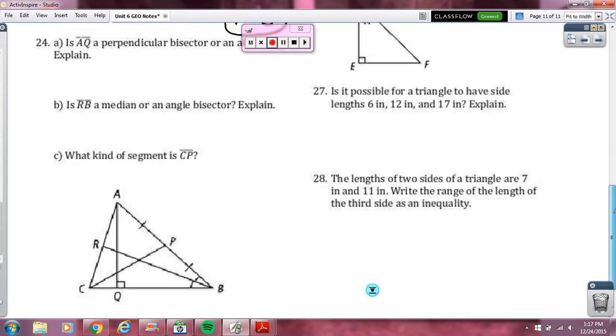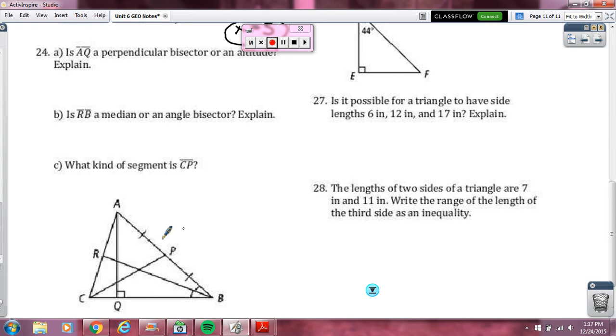Is AQ a perpendicular bisector or an altitude? Explain. It looks like an altitude to me because it's measuring the height from A down to the bottom, and bisectors have to cut stuff in half, and CQ and QB are not the same. So this is just an altitude. Is RB a median or an angle bisector?